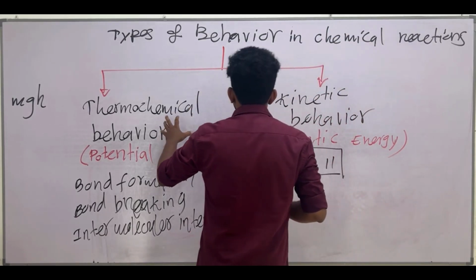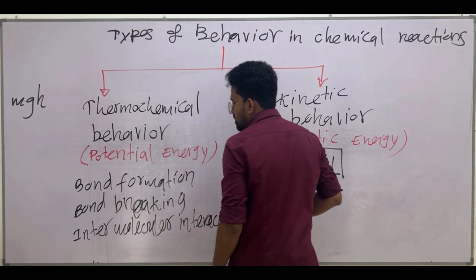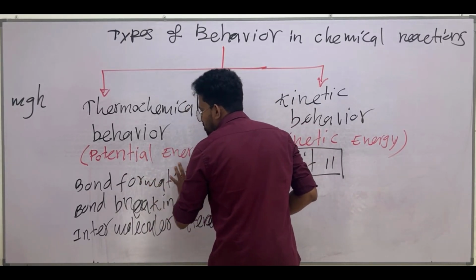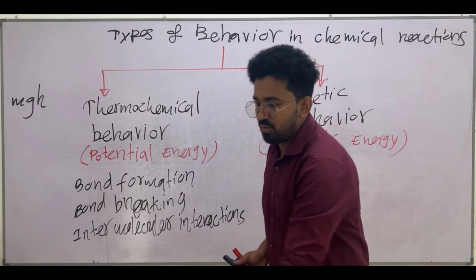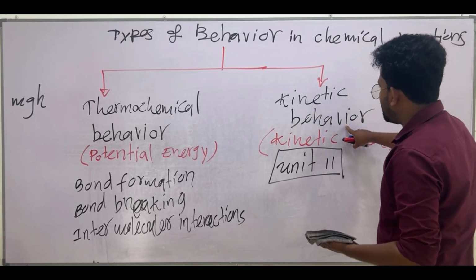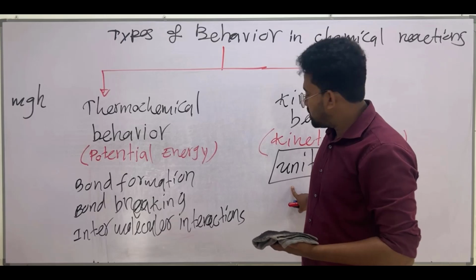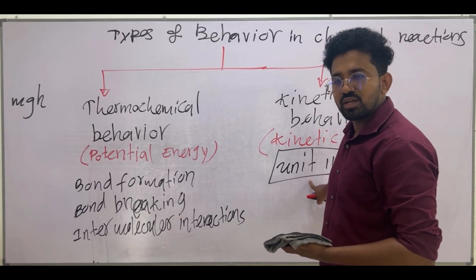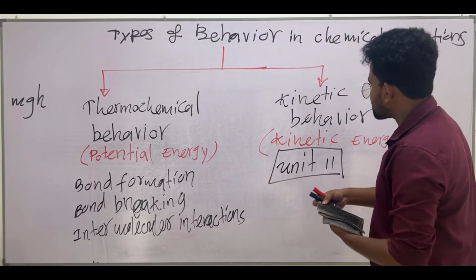So when it comes to the thermochemical behavior, we measure the energy change when bond formation, bond breaking, and the intermolecular interactions they form. And this goes with the kinetic behavior, and that is related with the kinetic energy. We learned that in unit number 11, right? So you can write down these things in the books.